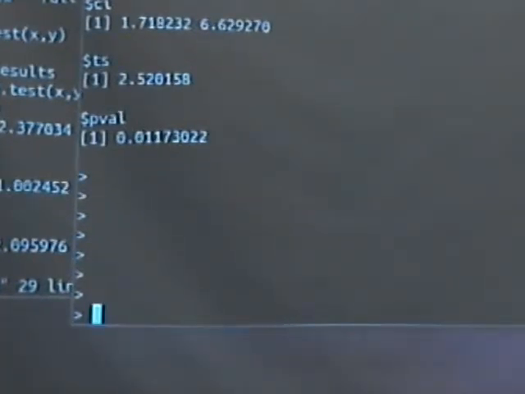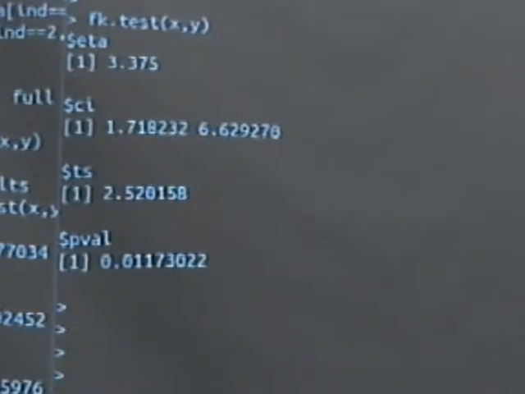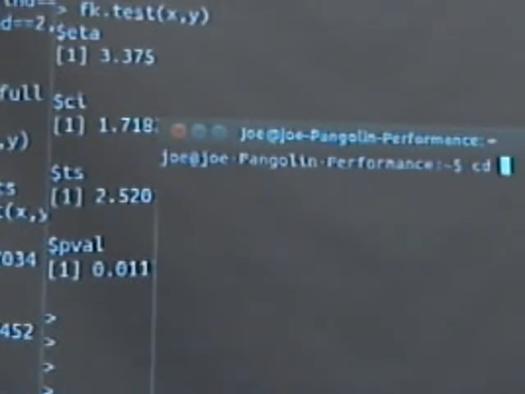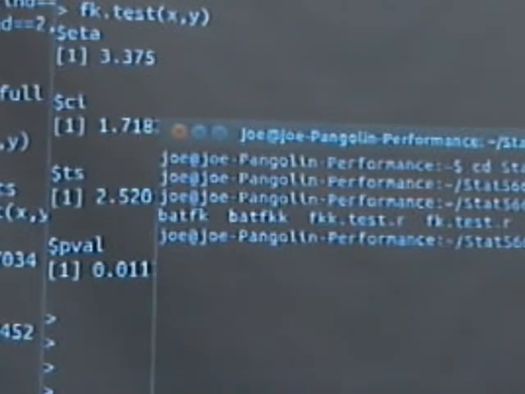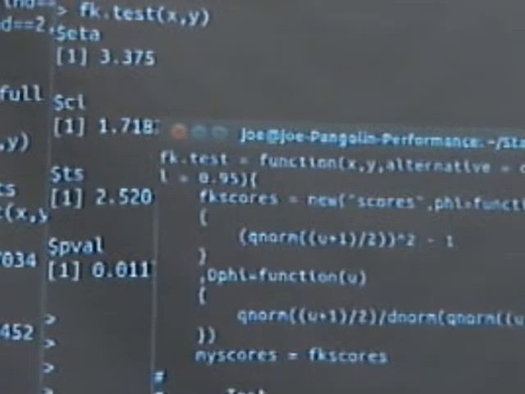If the alternative is less or greater, you can do that. Although I think the Y is greater. You can check that.